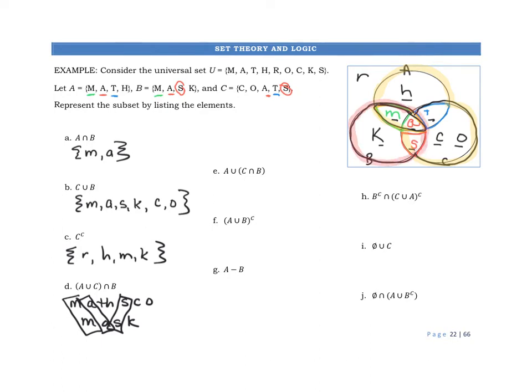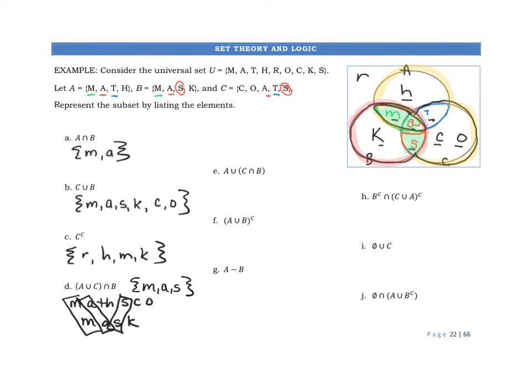So what regions did they have in common? This right here. So it shouldn't surprise us then that our elements are M, A, and S. So if it's hard for you to see it on the Venn diagram of the elements that they're asking for, I suggest that you write out the elements and use your set operations there.